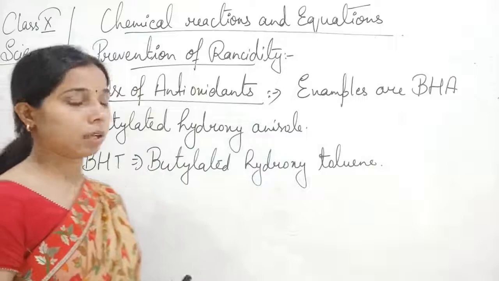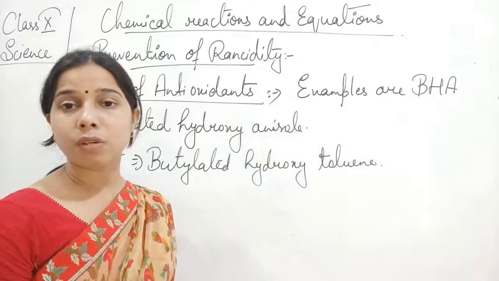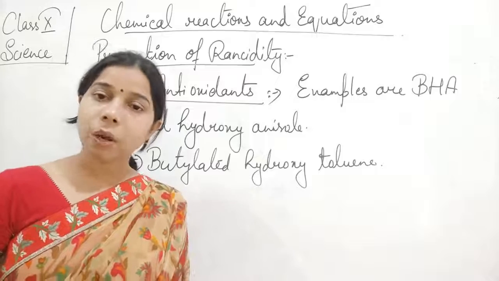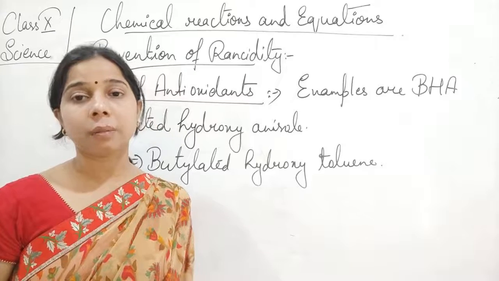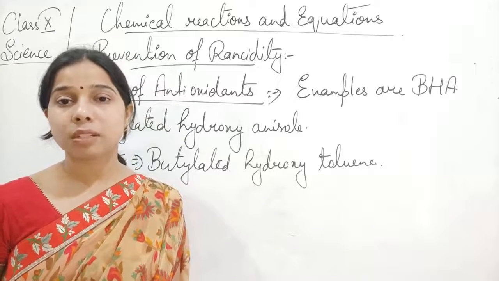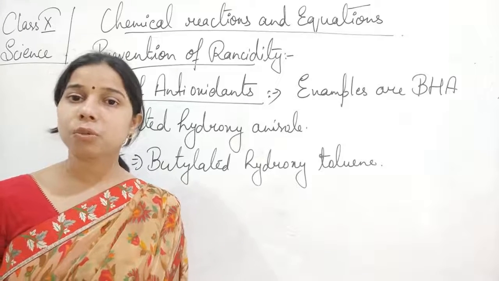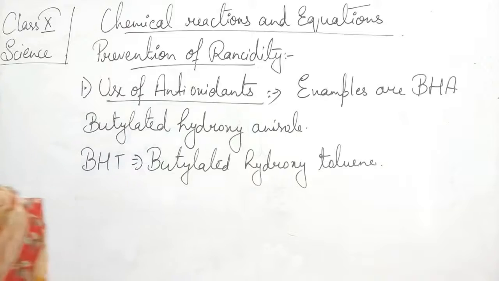Butylated hydroxy anisole, butylated hydroxy toluene. These are the antioxidants. If we use them, ultimately they will prevent the oxidation and help in preventing the rancidity. So this is the first one that we use, an antioxidant.